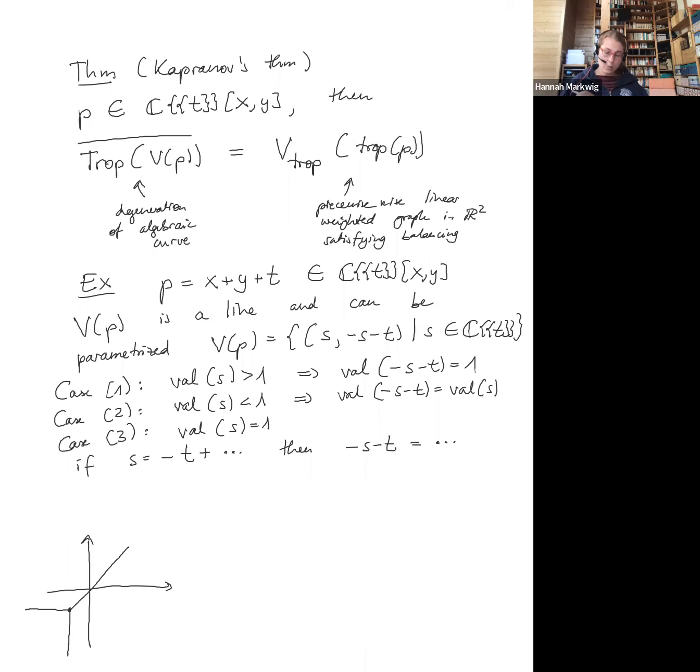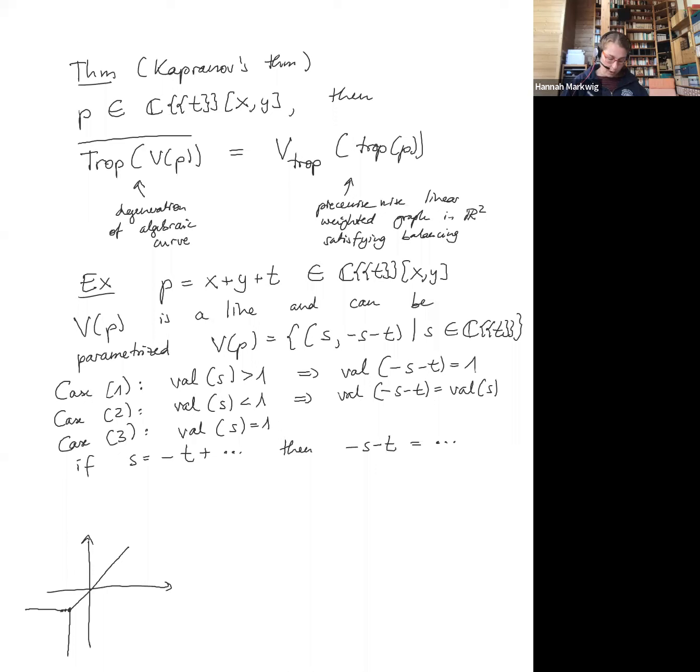And now we compare with the other side. On the other side of the equation, so this was the degeneration of the algebraic curve, which we discussed right now. And when I've drawn the rays, I've been maybe a bit quick already, because honestly, you obtain only points in Q^2, because we're talking about Puiseux series, which have rational exponents.